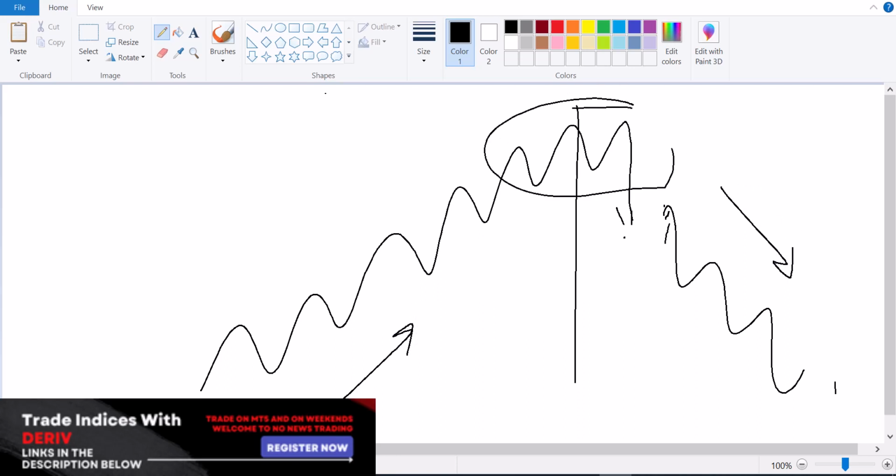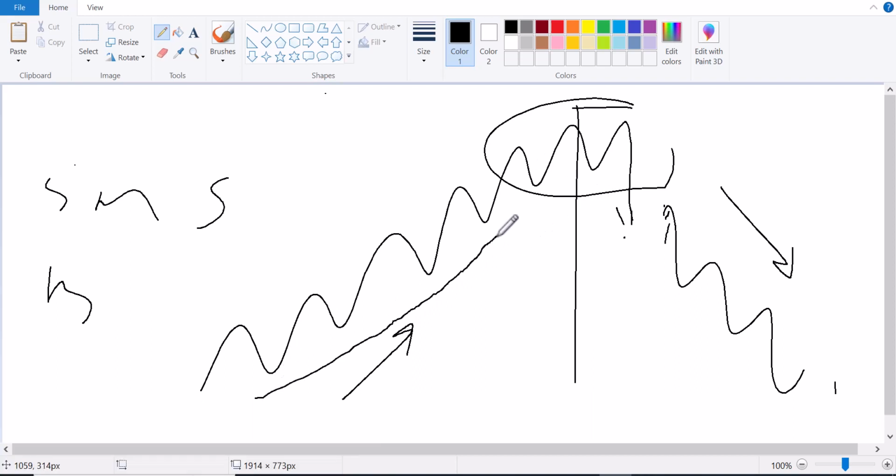This being the change of these cycles, where you are going to see what we call shift of market structure, and what we also call break of structure or change of character, whatever term you would want to use. But the most important thing is for you to know what you're looking for at what point and at what level on the chart.